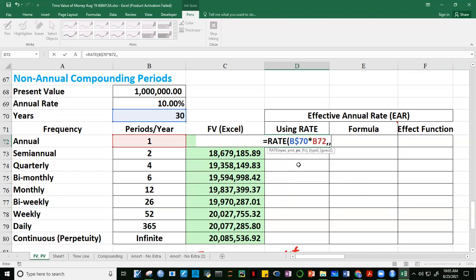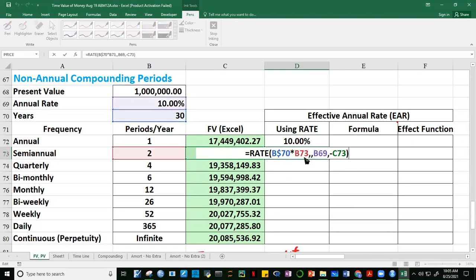PMT natin, wala. Present value is this one, comma. Future value natin is negative that one. So dapat magkaiba, no? Okay? So let's see. 10% ito. Oops, ano nangyari?